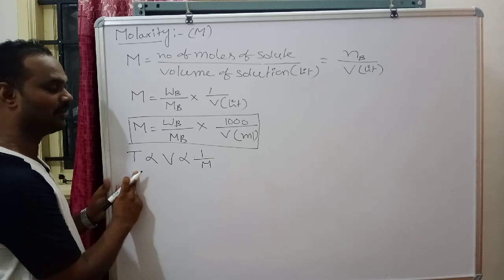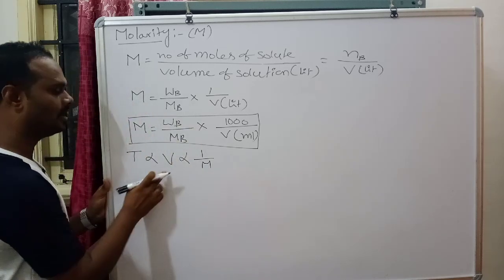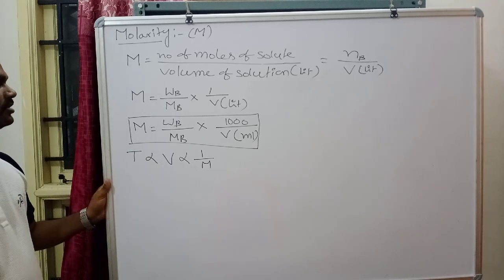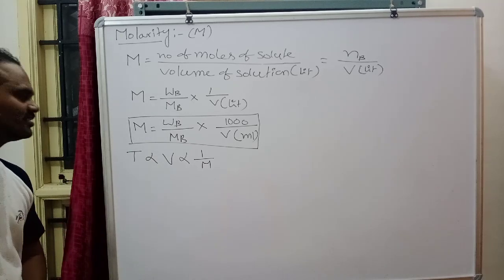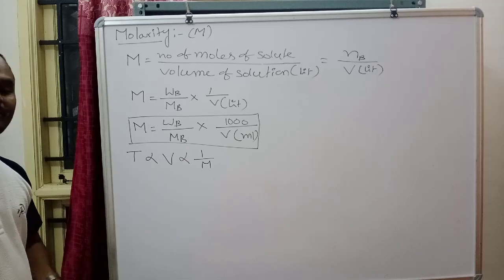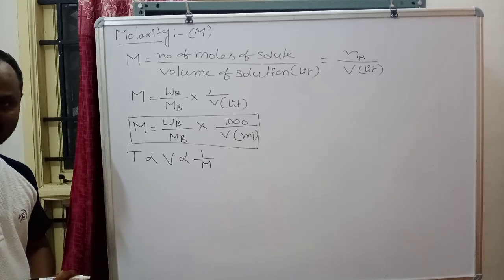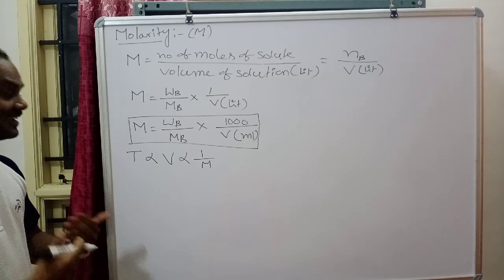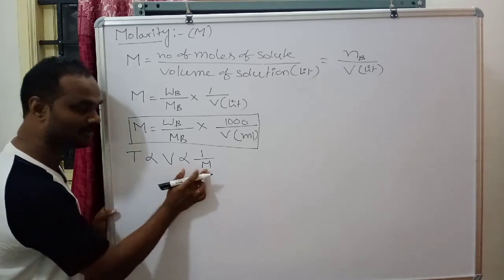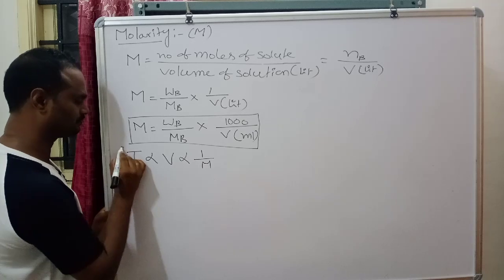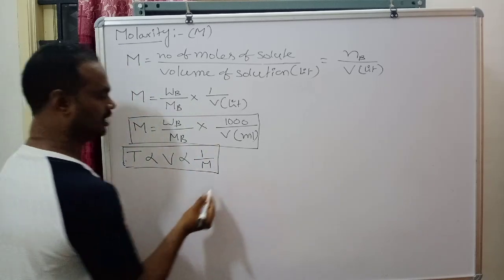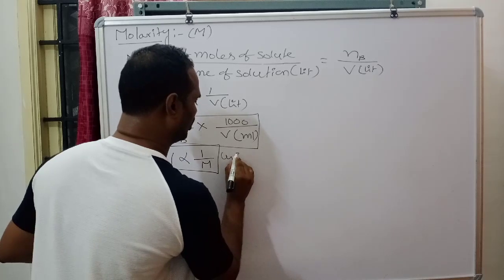With increasing temperature, molarity decreases, or with increasing volume, molarity decreases. Sometimes they will ask in a 1-mark question, with increasing temperature what happens to molarity? Molarity depends on temperature. Does it increase or decrease? With increasing temperature, molarity decreases.